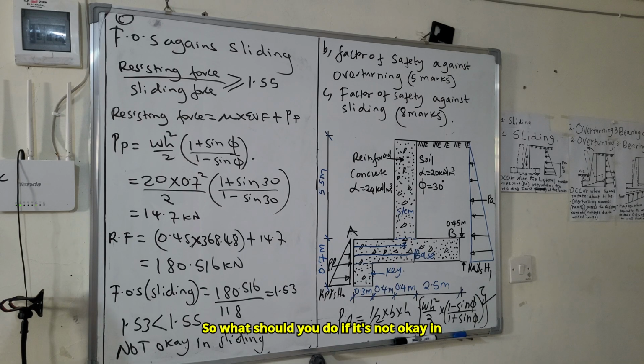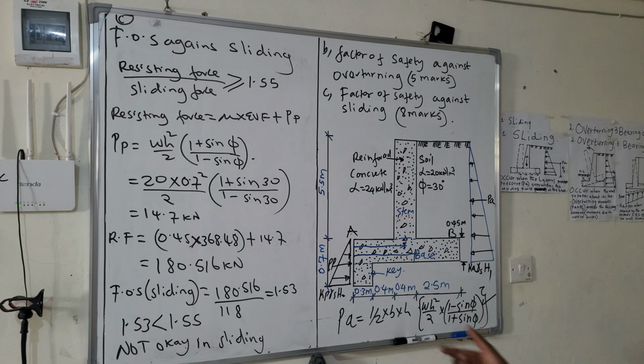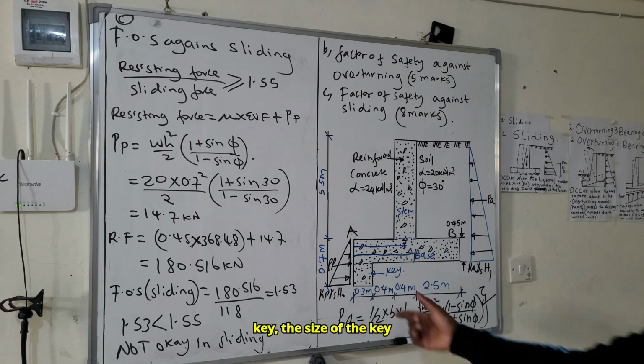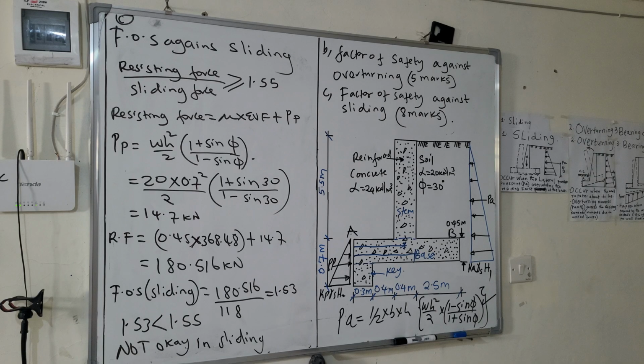So what should you do if it's not okay in sliding? If it is not okay in sliding, you will again redesign. You can change the dimension of this key, the size of the key, and then you repeat the same process and check whether there will be sliding or not.